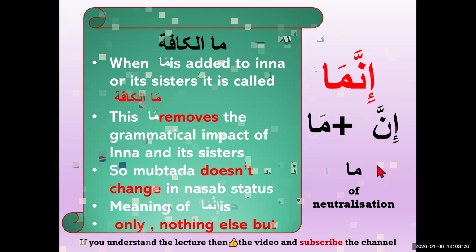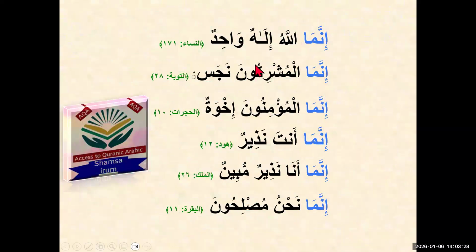I will show you some examples from the Quran Majid. Look, innama, and after this, in the first ayah, Allahu is still in marfu state. This inna doesn't impact Allahu, it didn't convert into Allaha. So mubtada remains mubtada, khabar remains khabar, there is no effect of inna.